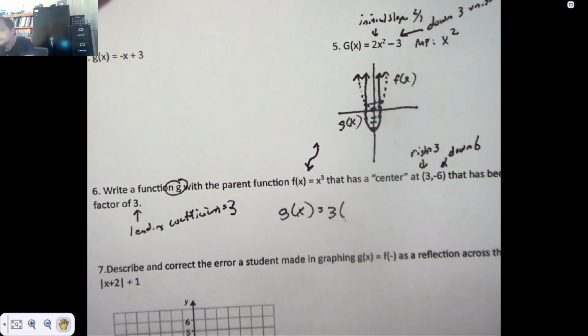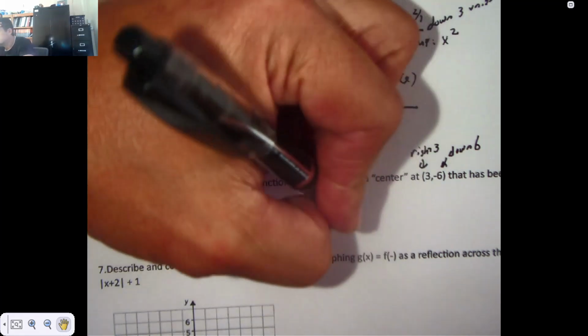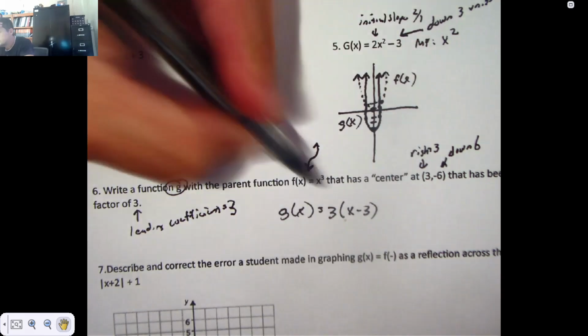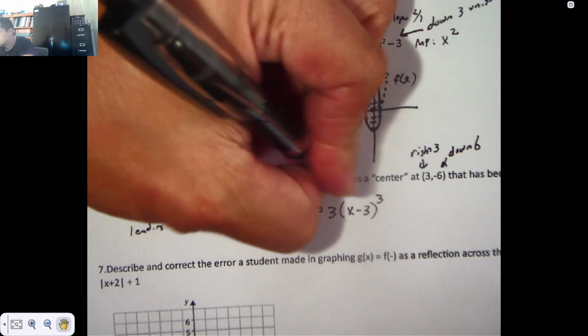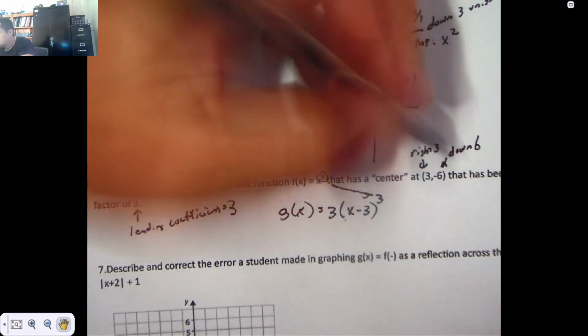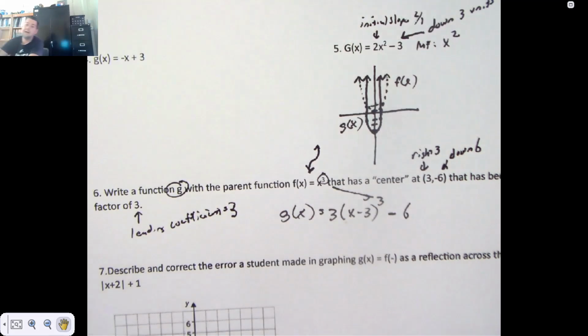To go right 3, you don't add, you subtract. It is cubed, so cubed, that's how that works. And then we went down 6. Ta-da! Once you learn how to do a singular transformation, you learn how to do all transformations, all of them.